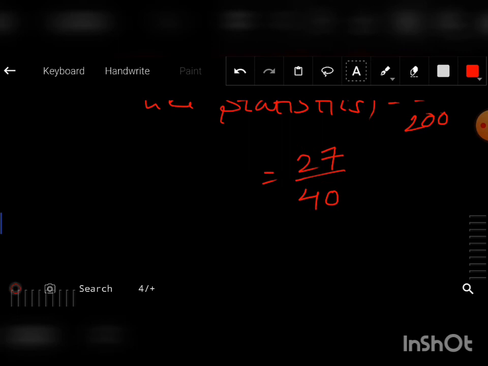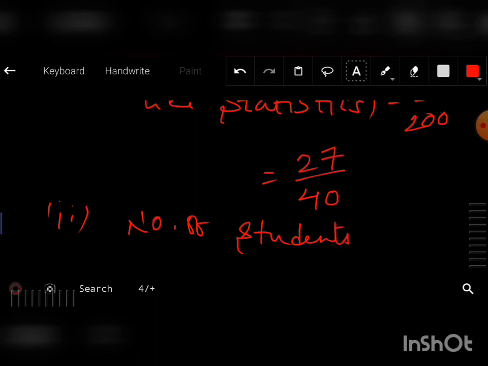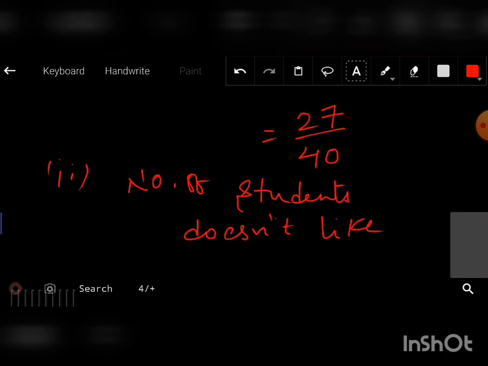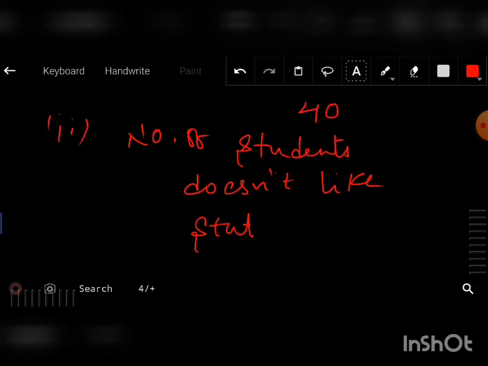Now let us find the probability of the students who don't like statistics. Here the favorable outcome equals the number of students who don't like statistics, equals 65.